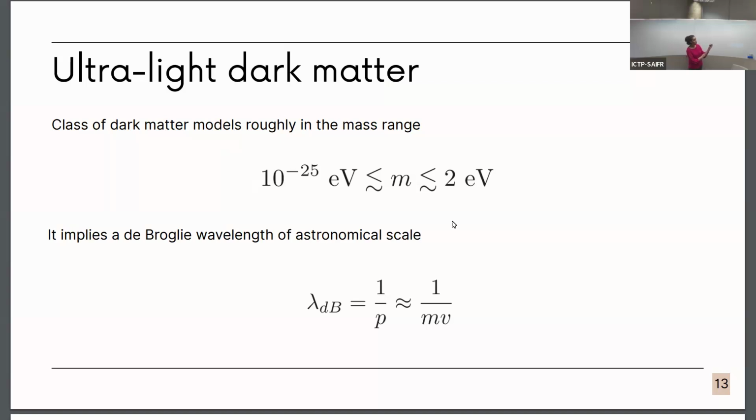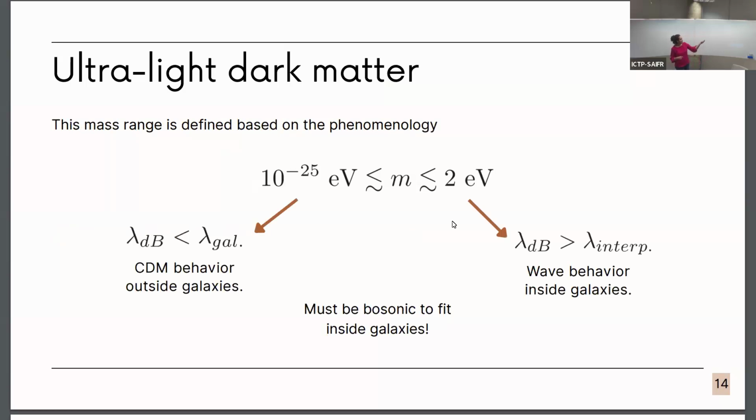And this mass range is so small that it implies that the de Broglie wavelength of this candidate is of astronomical size. So it's an extremely light particle that has a... you ask something? So you will have this astronomical de Broglie wavelength, and these upper and lower limits come from, in the first place, we want this wave behavior to be just inside the galaxies, so we want to keep ultralight dark matter like CDM on big scales.